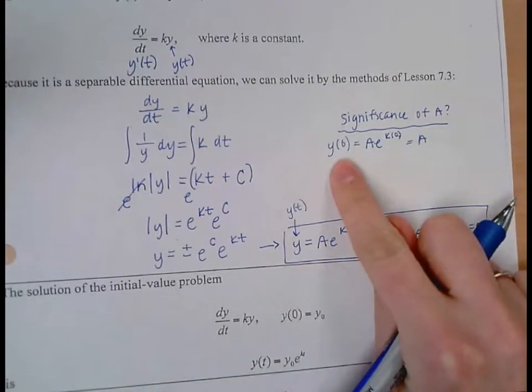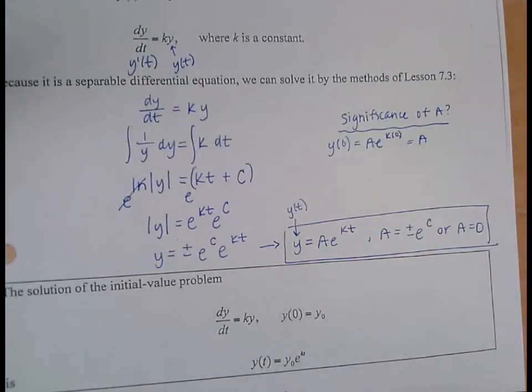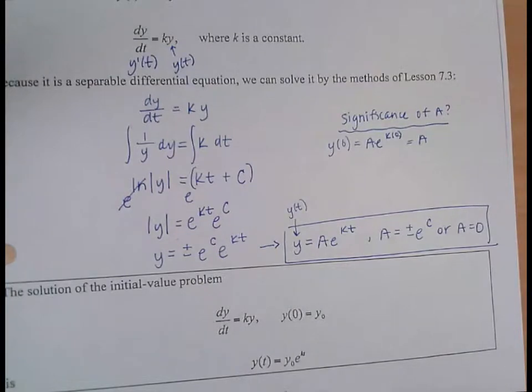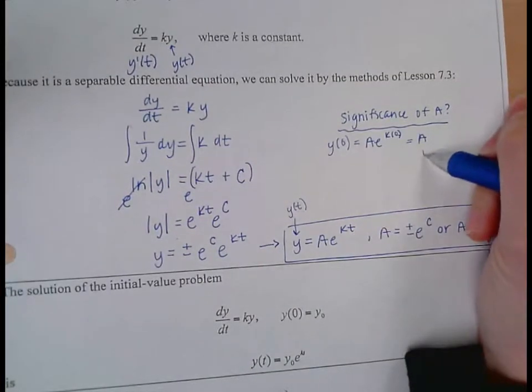And y of 0, that would be at time 0, so that would be the initial quantity of y, whatever y is representing. If y is representing population, a would then be the initial population. Or if y is representing mass of some certain object, a would be the initial mass. So a is the initial value.